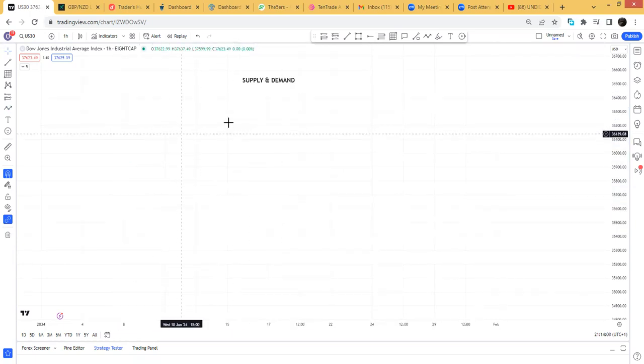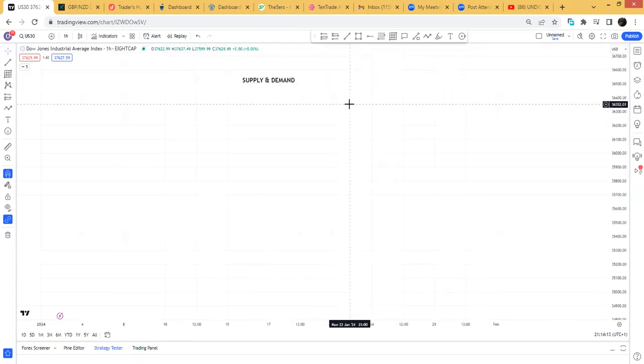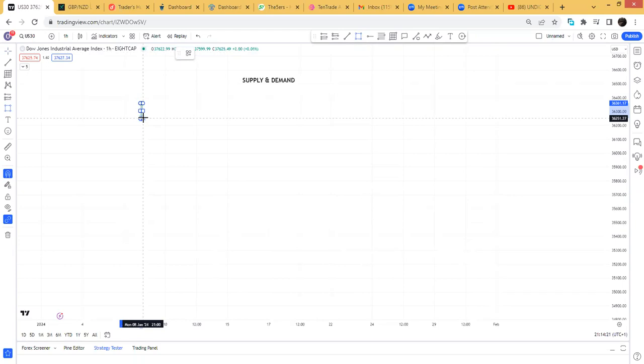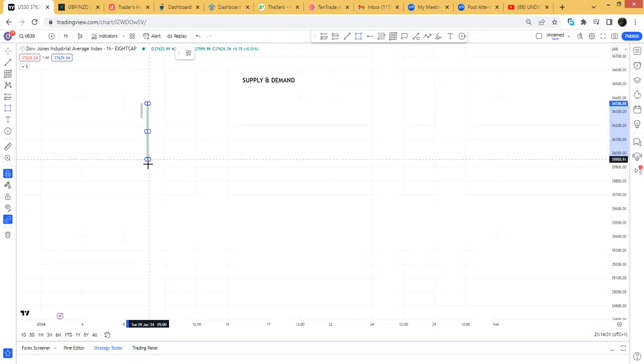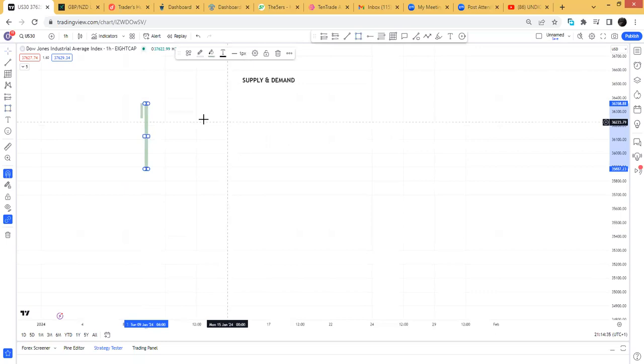A supply is what? Imagine you're on your chart. I'm going to do a chart example for this strategy. All you see is red candles and green candles, okay? So a supply zone is the last green candle before a red candle. Your supply is basically your sell zone, okay?